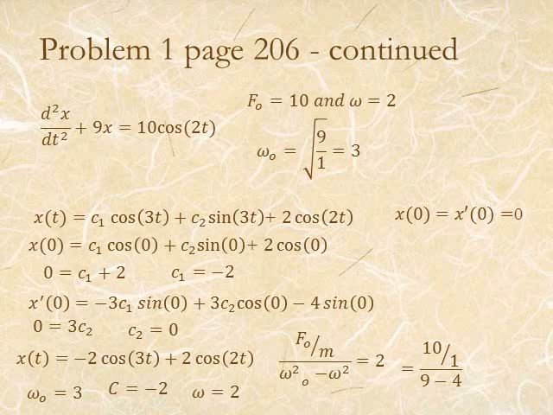So now if we graph our functions, we're going to graph three things. We're going to graph the total solution, the solution associated with the spring itself, the characteristic solution, and the particular solution.